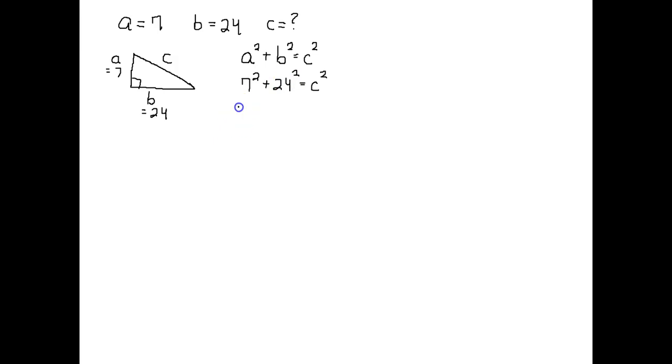I know 7 squared is 49. 24 squared, 24 times 24, work that out, and you get 576 equals c squared. And 49 plus 576 will give you 625.